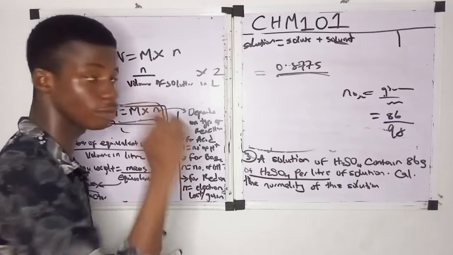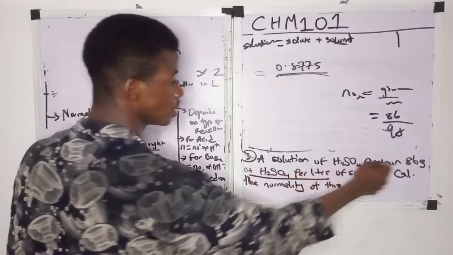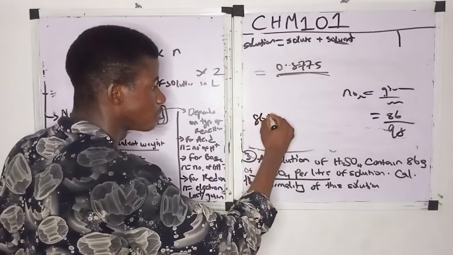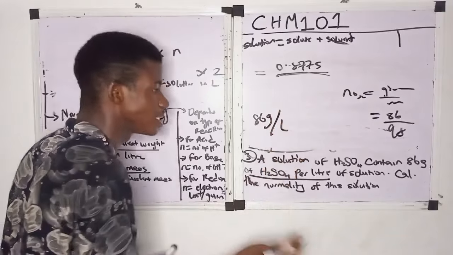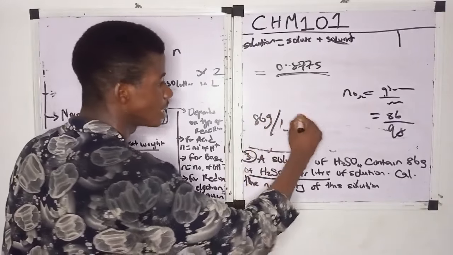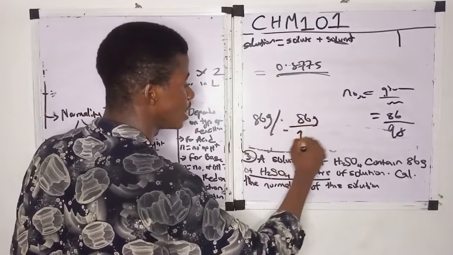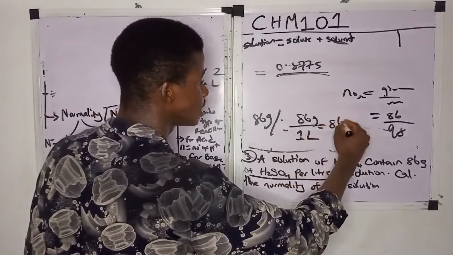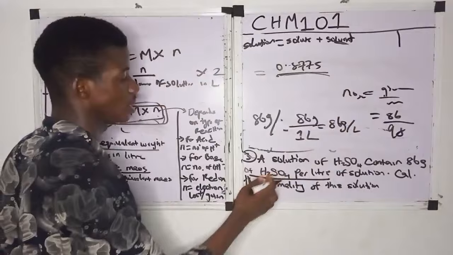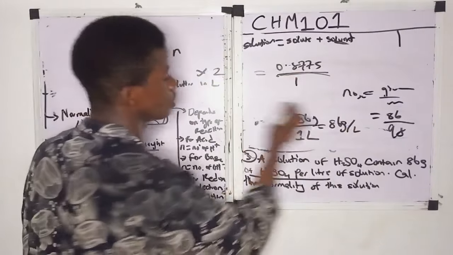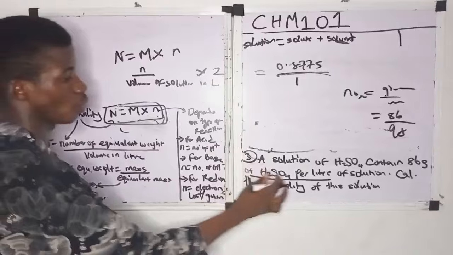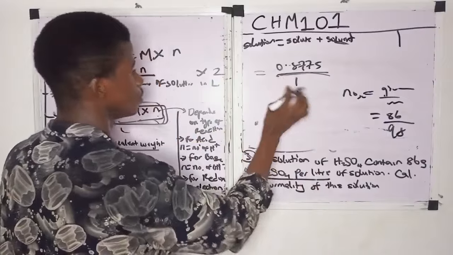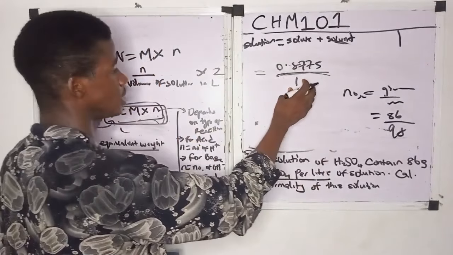Okay, now what is the volume of the solution in liter? The solution of H2SO4 contains 86 grams of H2SO4 per liter. 86 grams per liter. It means that 86 grams divided by 1 liter, so the volume of the solution in liter is 1.